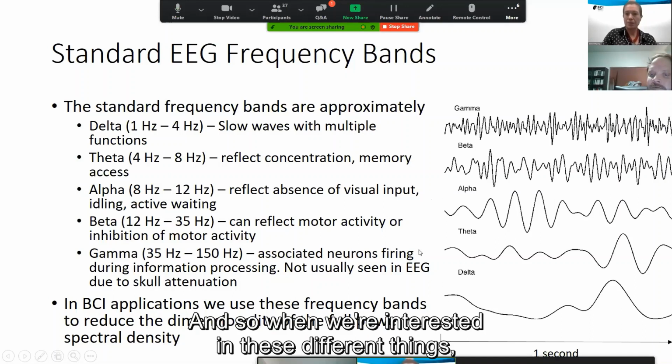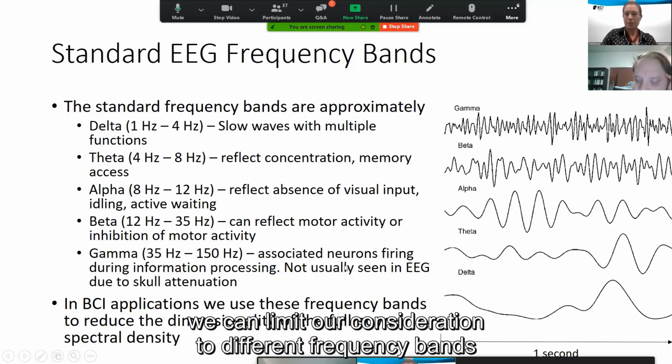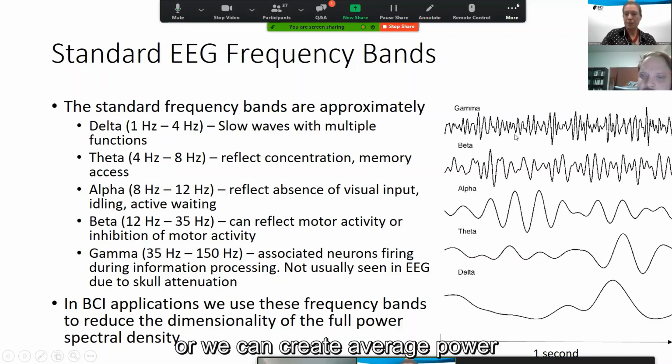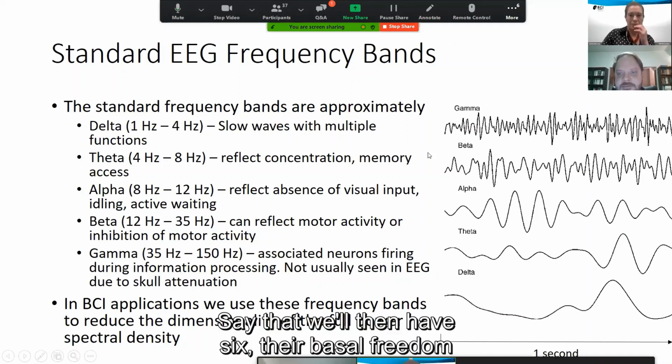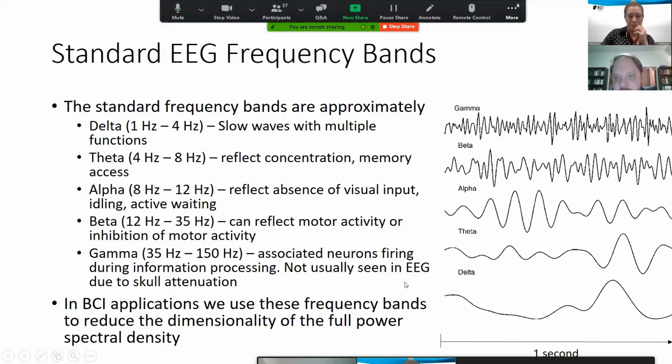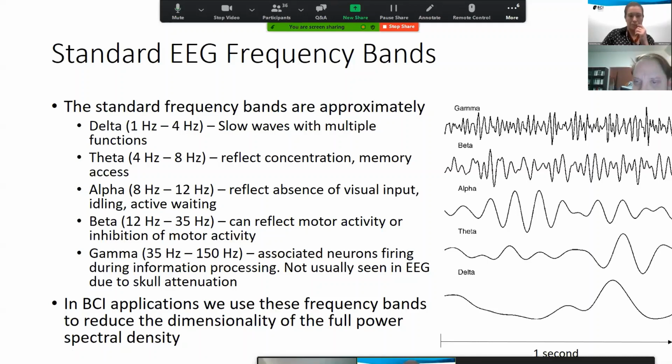So when we're interested in these different things, we can limit our consideration to different frequency bands, or we can create average power in all of these frequency bands, to then have, say, 6 degrees of freedom, as opposed to the full spectrum, say if we did a 256 point FFT, we have 256, 128 degrees of freedom.